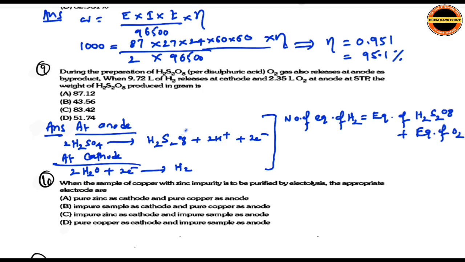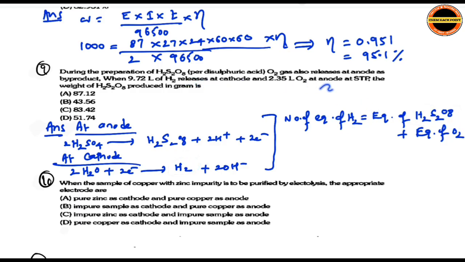Here you see H2S2O8 produced in the first reaction. In the second reaction, H2 is produced plus 2OH minus also. So at the anode H2S2O8 is produced, and at the cathode H2 gas is produced.